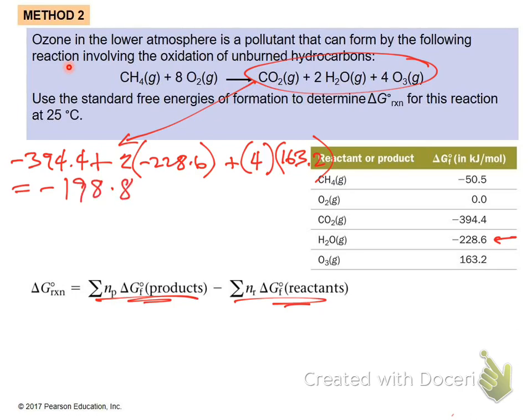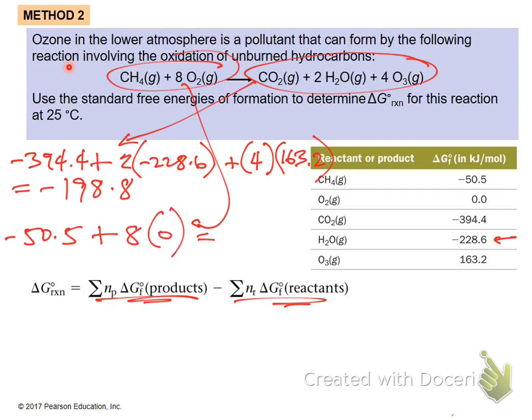For the reactants, so we have CH4, which is methane, negative 50.5, plus 8 times 0, right, which is negative 50.5. All right, so now we're going to take the difference between the products and the reactants here.